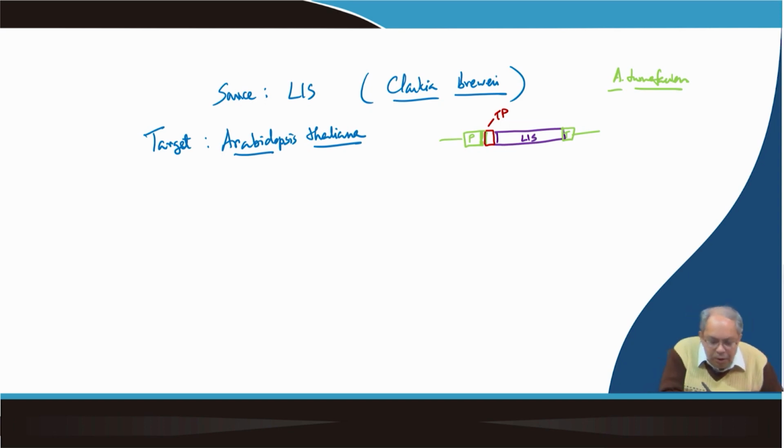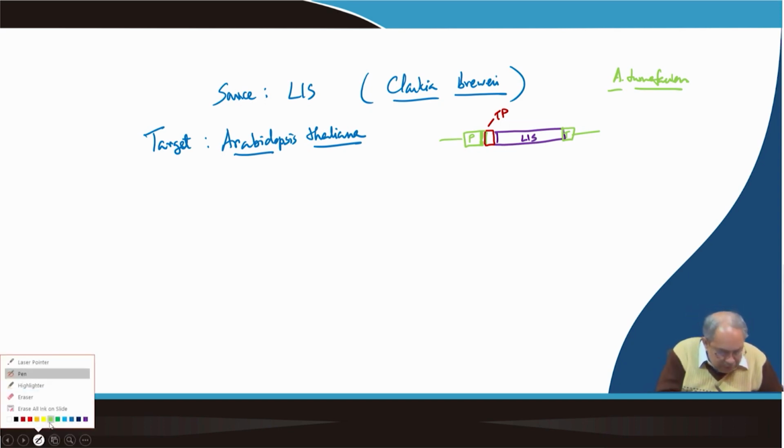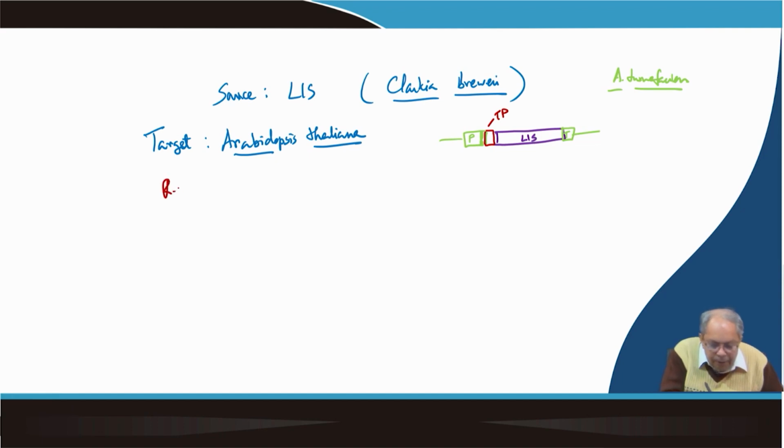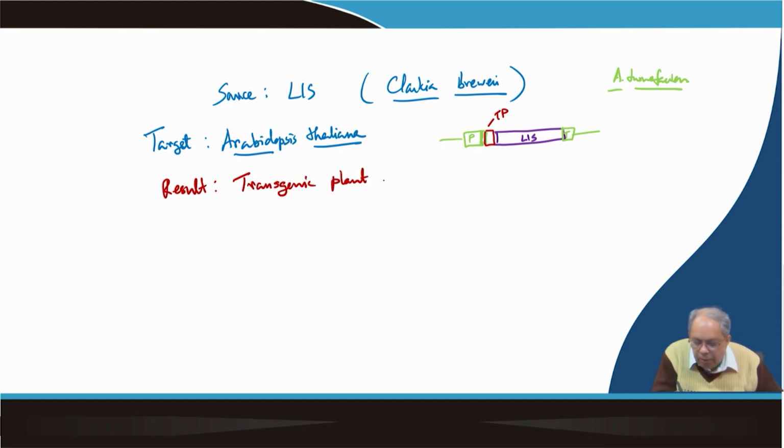Now, the question is, what is the result? The result is this: they have successfully produced a transgenic Arabidopsis plant expressing the LIS gene. Gene expression was confirmed, everything.